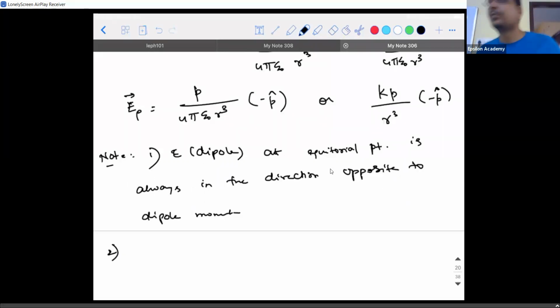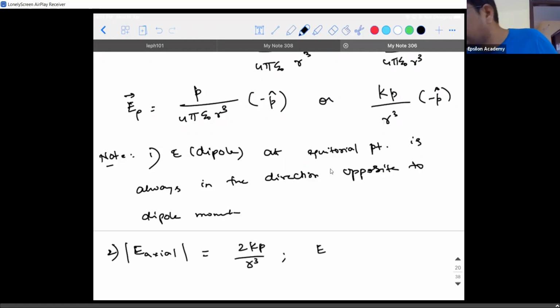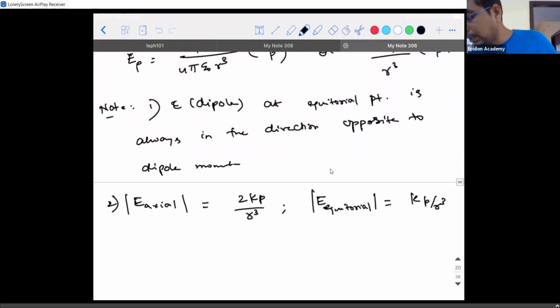Second, magnitude of electric field along axial is equal to 2 kp by r cube. Magnitude of electric field due to dipole at equatorial is exactly kp divided by r cube. Ratio: electric field along axial is to electric field along equatorial is equal to 2:1.